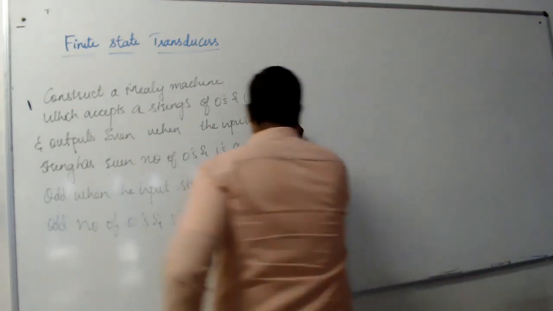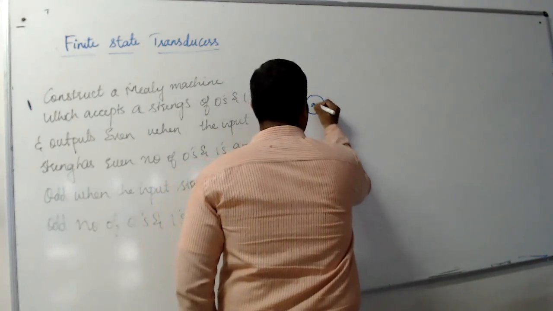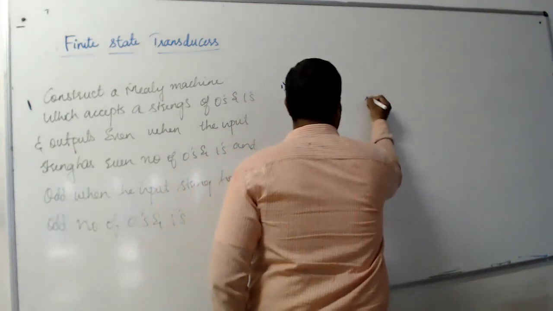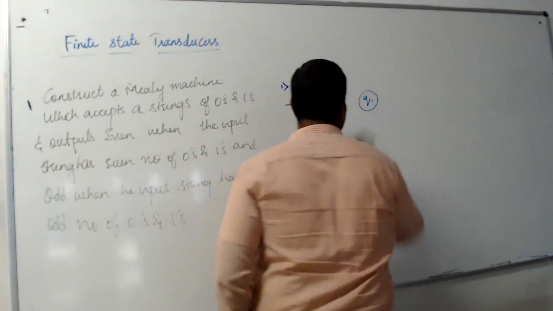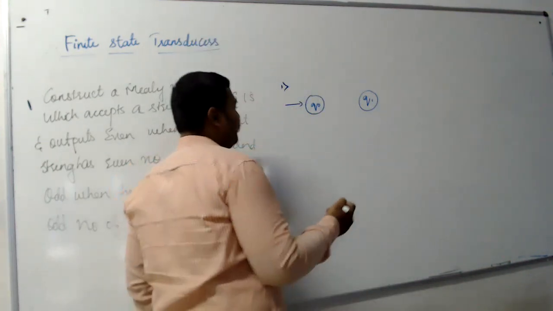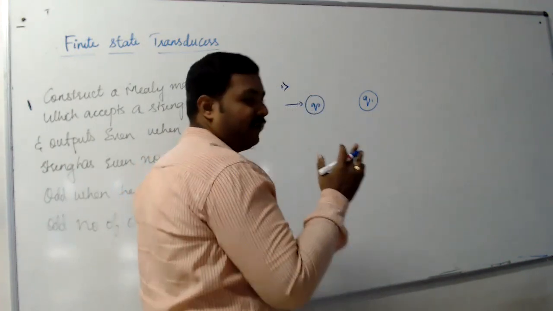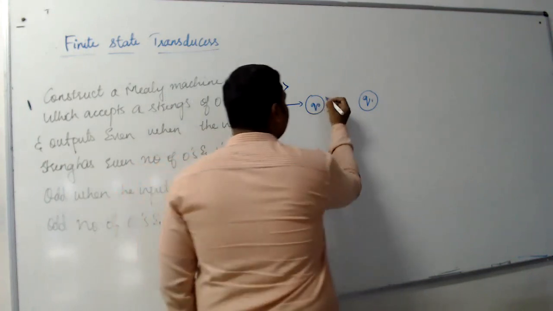So I take a state called, first step, I'll consider a state called Q0, start state, and Q1. So in this you need not represent your final state, because both will be accepting, both will be having an output. So whichever is required, that you can make sure.